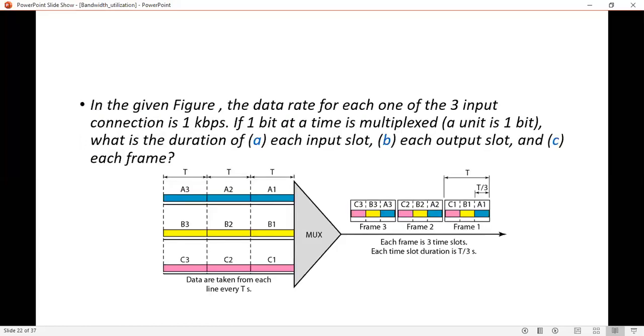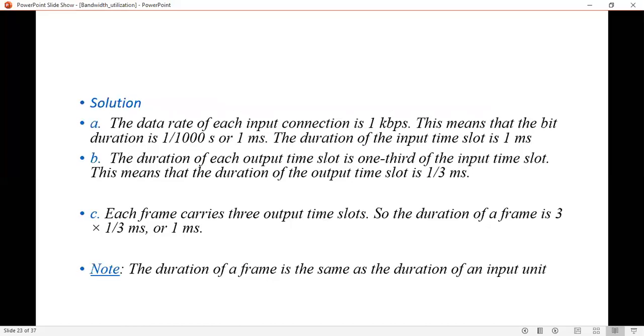And the third one, for each frame, what is the duration? See, each frame duration is equal to each input duration, isn't it? T is equal to t there, that is, frame 1 occupies t duration, so it is the same, which is nothing but 1 millisecond.